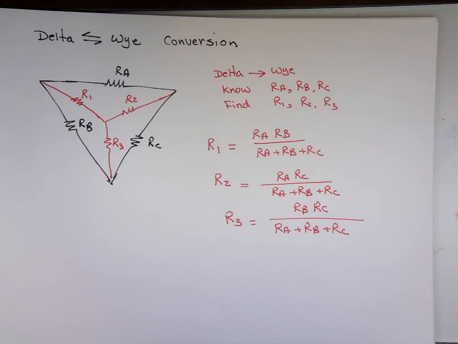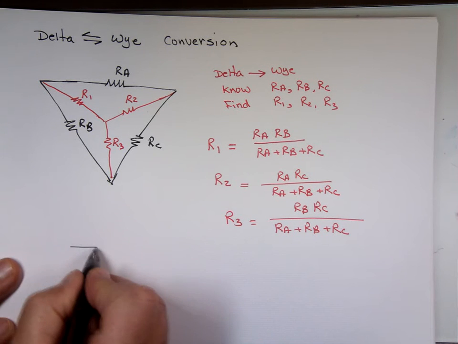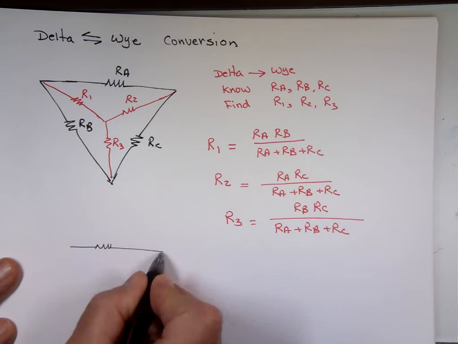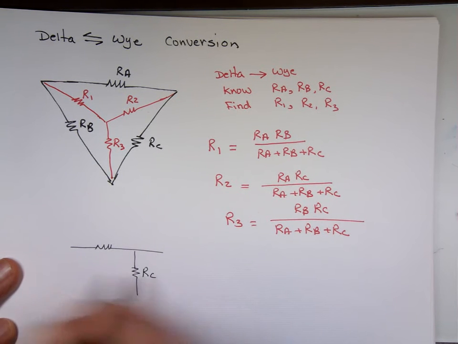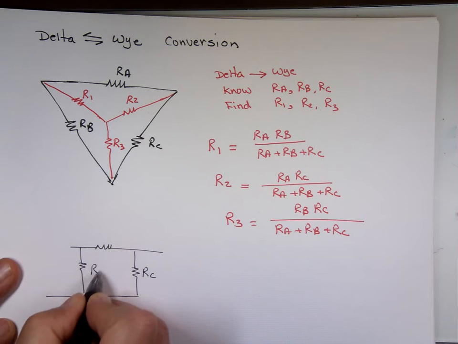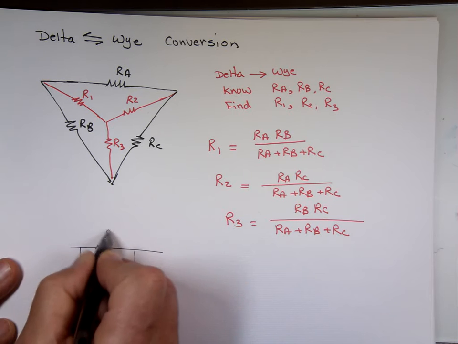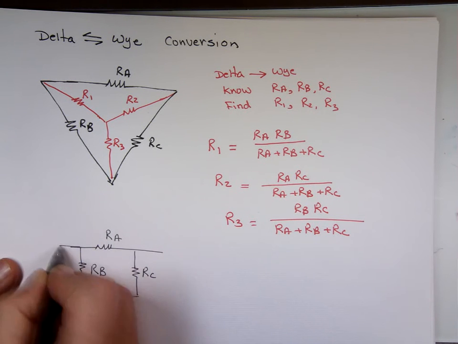Just a quick reminder, I drew the delta looking like this. Most of the time in our book, they draw the delta looking like this. That's what it looks like.